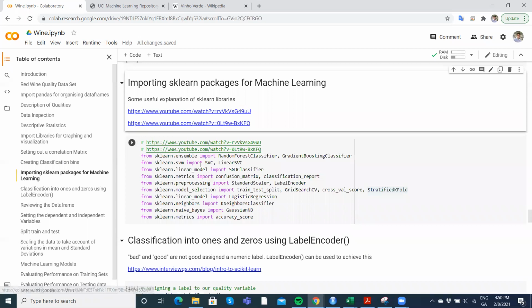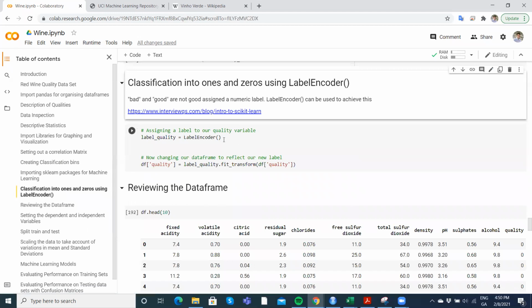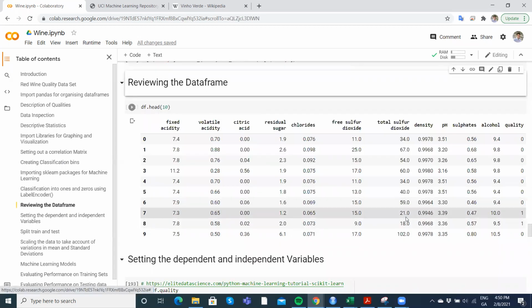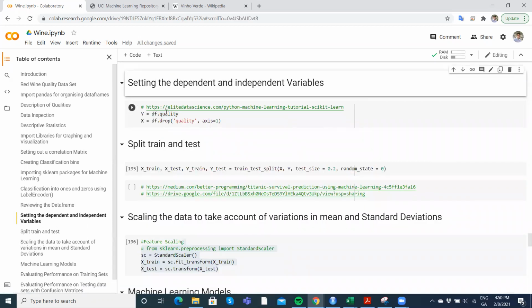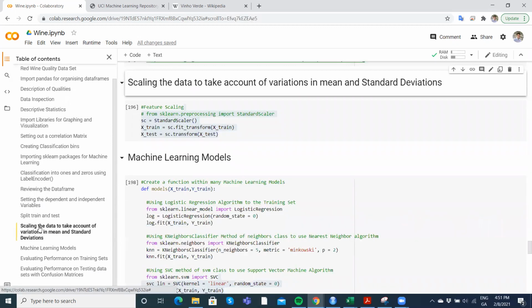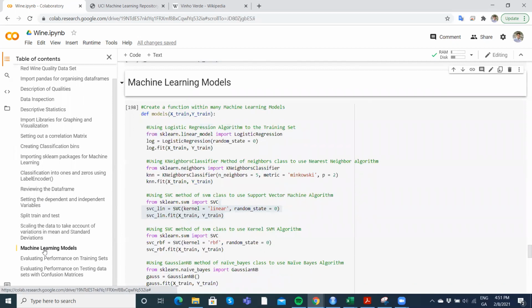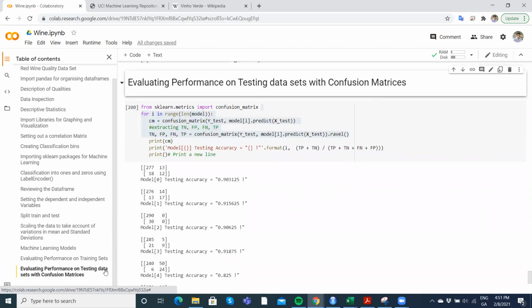We import the sklearn packages, and then we set out the variables as either being a 0 or 1 using the LabelEncoder. So our variable quality is binary, and we set out then the Y's and the X's. We split train and test. We have to scale the values. We implement the machine learning, and then evaluate the performance in terms of confusion matrices.